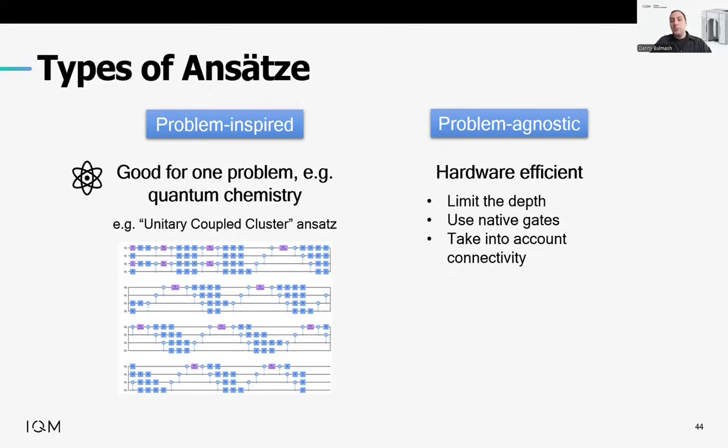There are also problem-agnostic ones, and the goal there is to be hardware efficient. We want to make not-too-complicated quantum circuits, and we want to use what are called native gates and account for connectivity. I'm going to talk briefly about this since I'm a little low on time, but we're going to talk more about this tomorrow when we discuss transpilation, but that's what we're trying to avoid there.